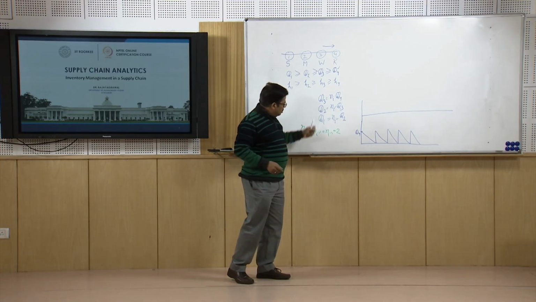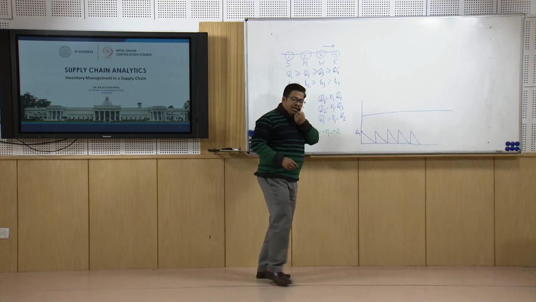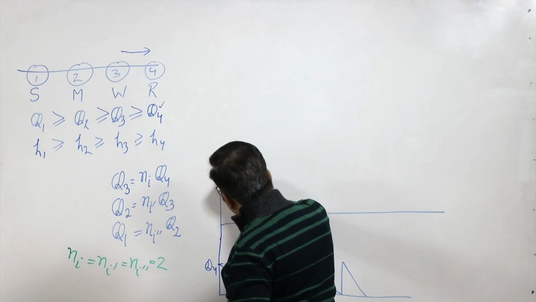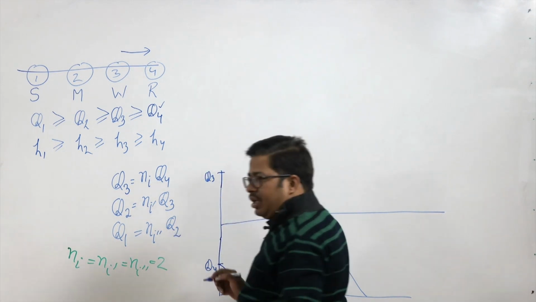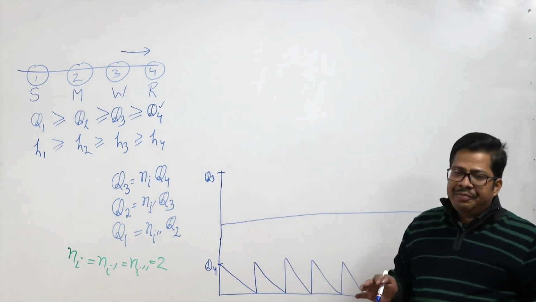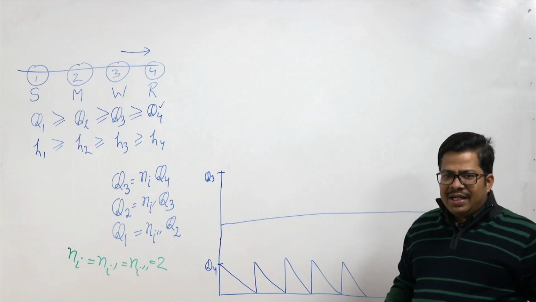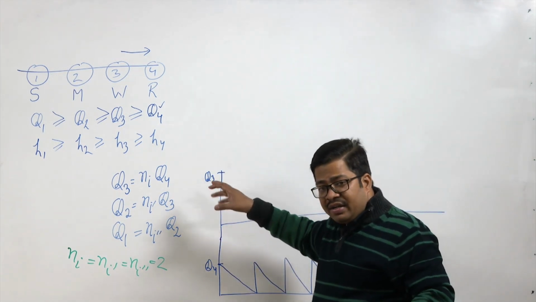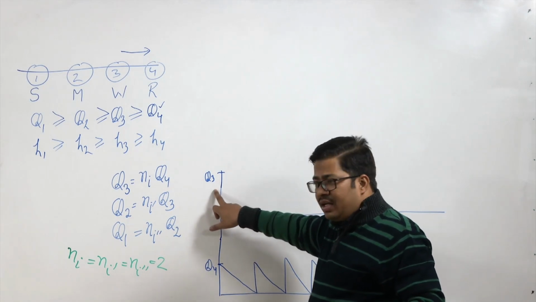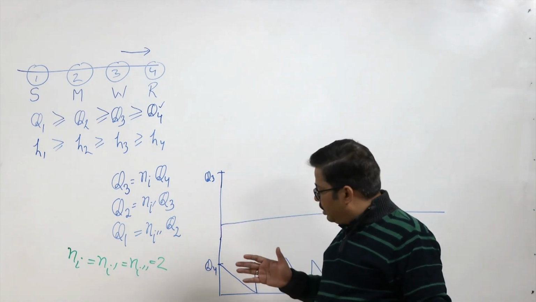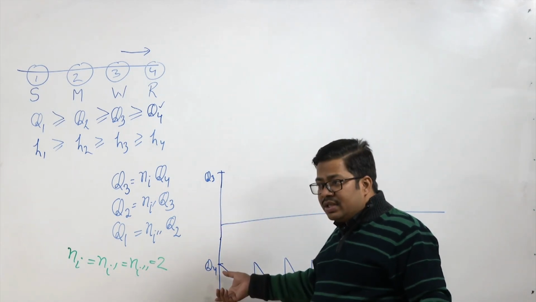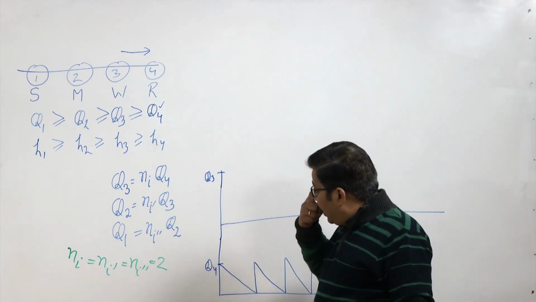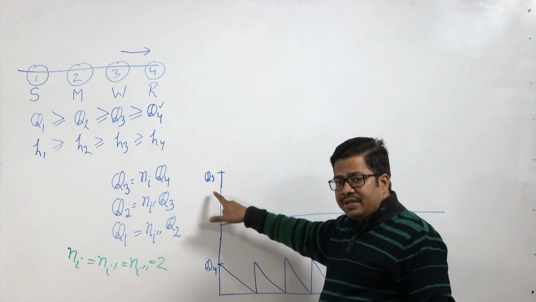So Q3 equals 2Q4. Now I am receiving Q3 supplies here, and out of the Q3 supplies I will immediately supply part onward, because I have adjusted the receiving cycle in such a manner that on day 0, when Q4 is supplied to stage 4, the same day I receive Q3 supplies at stage 3.